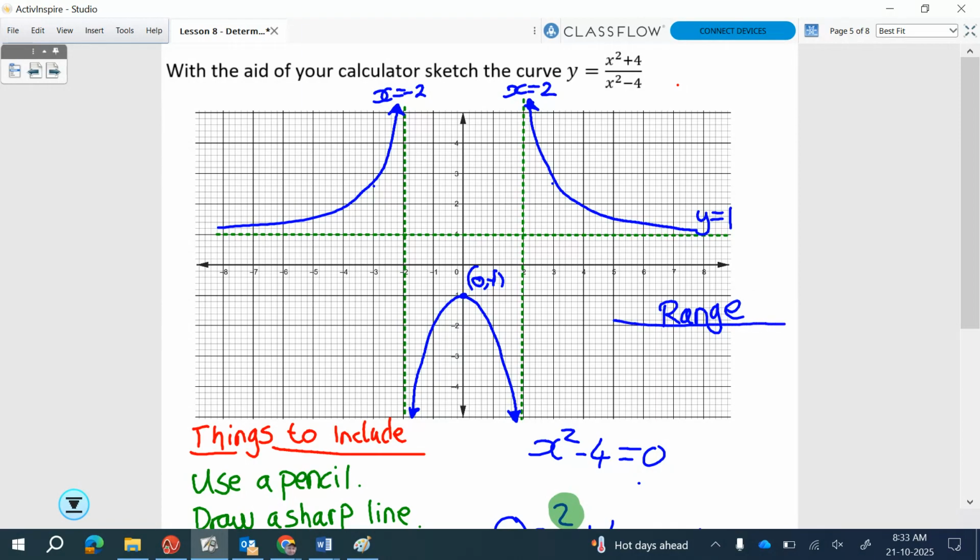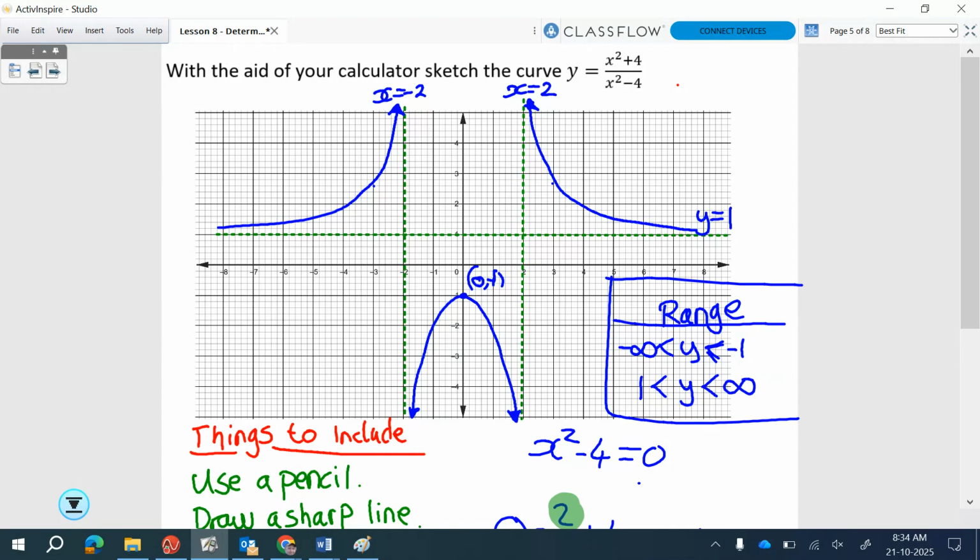I know I've asked that a few times, and the range would be -infinity up to and including -1. So we have to include -1. But because this is an asymptote, we're going to not include 1, and we're going to go up to infinity. So here's a great question to ask about this type of a graph, is what is the range?